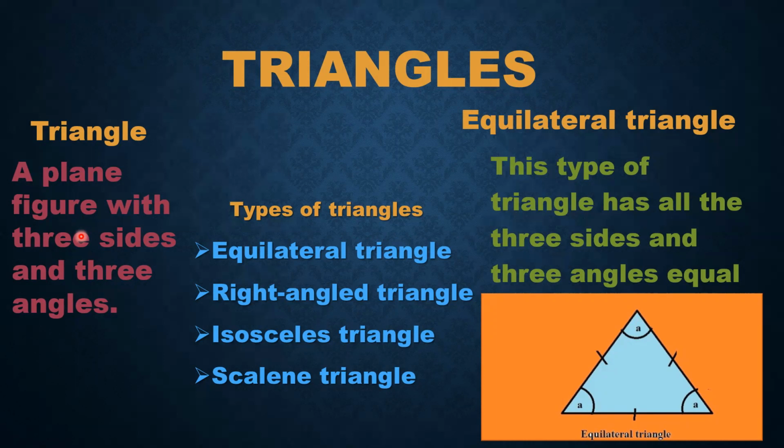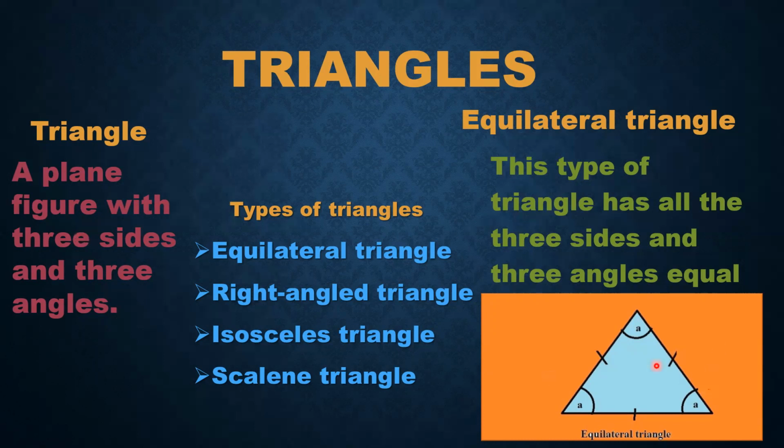Now we are going to take them one after the other. We will first talk about the equilateral triangle. Equilateral here derives from the words equal sides or equal angles. So this type of triangle has all the 3 sides equal and the 3 angles equal.